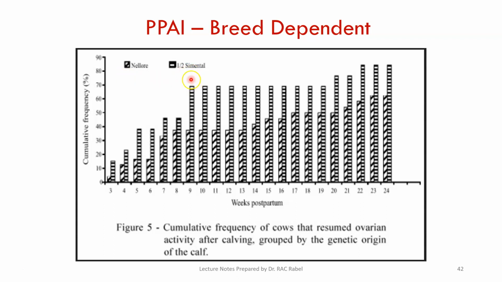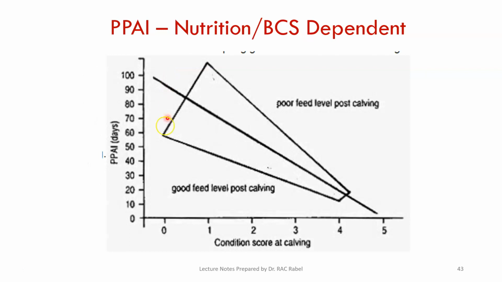Bos indicus versus Bos taurus. So see what you can understand with this. Breed is one thing, and there are other factors that affect the length of this, right?